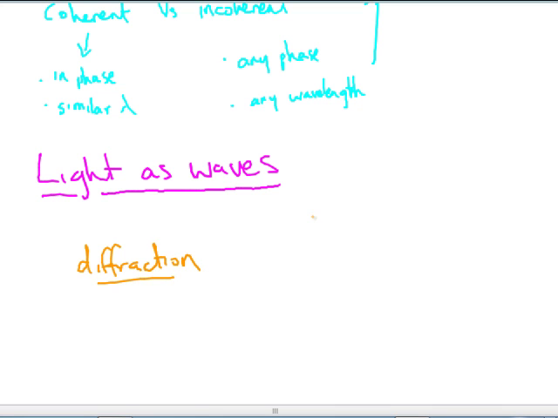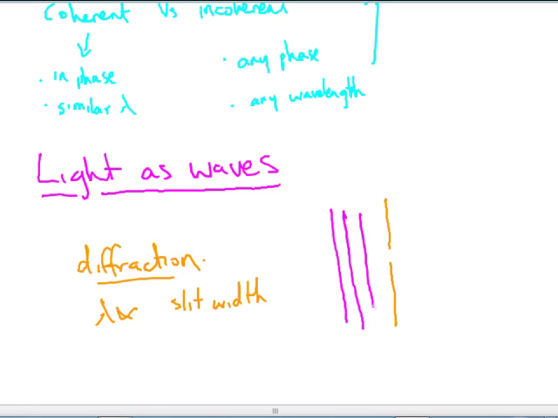Now, this is the main evidence that we were observing, and for diffraction to occur, we need lambda to be proportional to the slit width. And when that is the case, we see waves come in, and then as they pass through the gap, we get this spreading out effect.